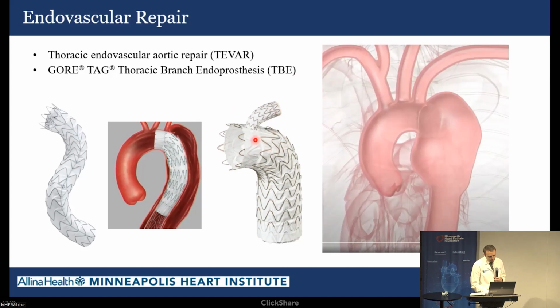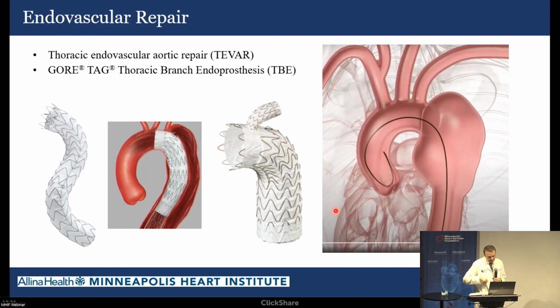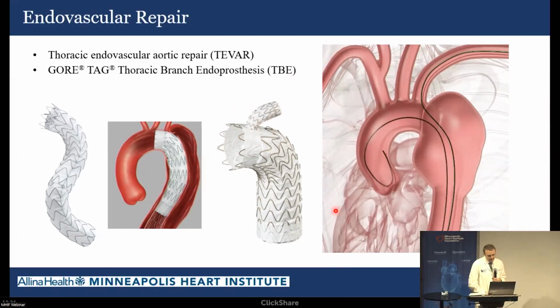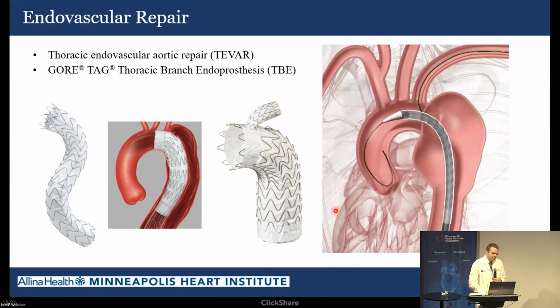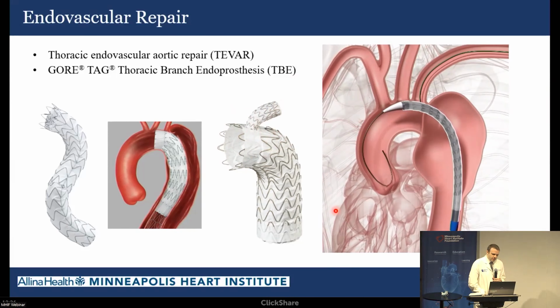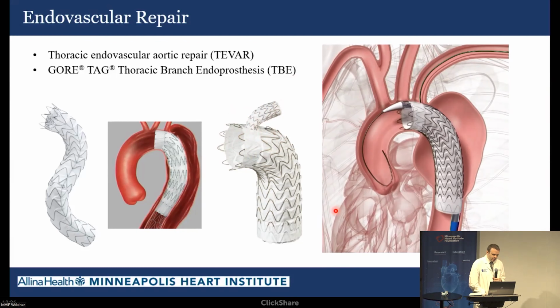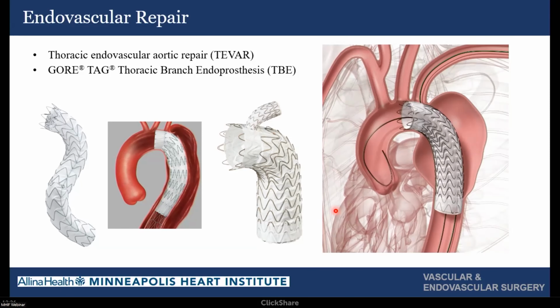It has a built-in portal inside the device in which you can place a side branch up into the left subclavian artery. So I'll just show that real quick. You need femoral access and left brachial artery access to establish a through-and-through wire and advance this device to intentionally cover the left subclavian artery, and then advance a side branch through this portal.